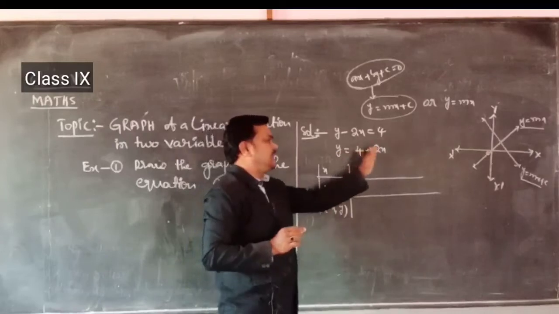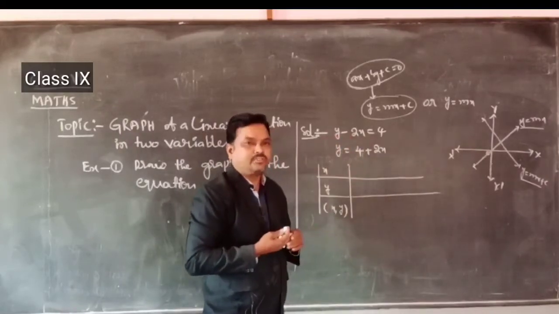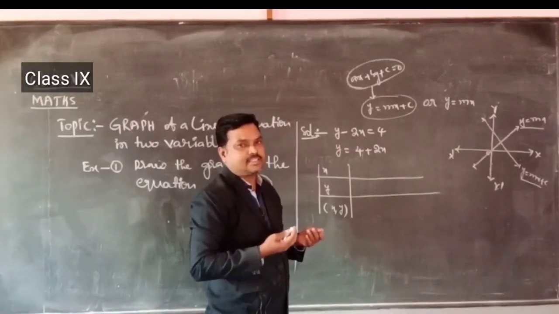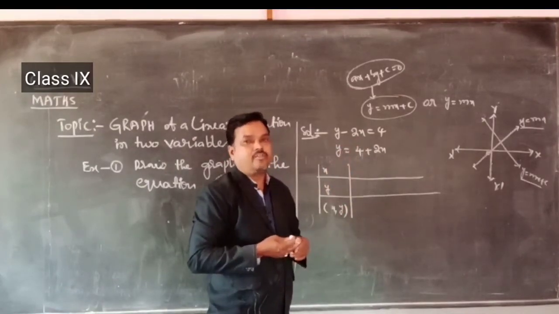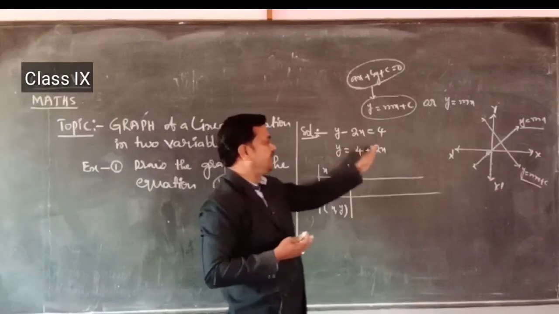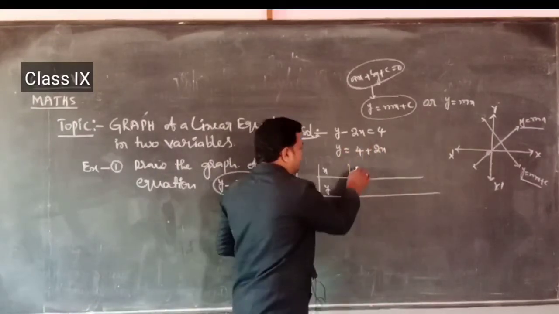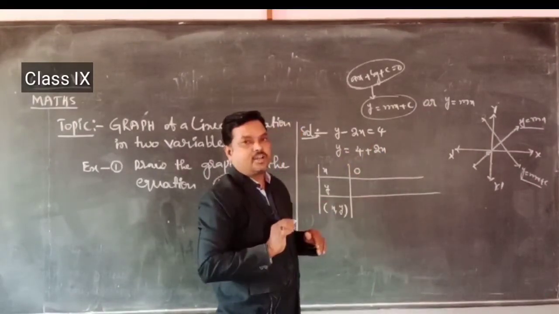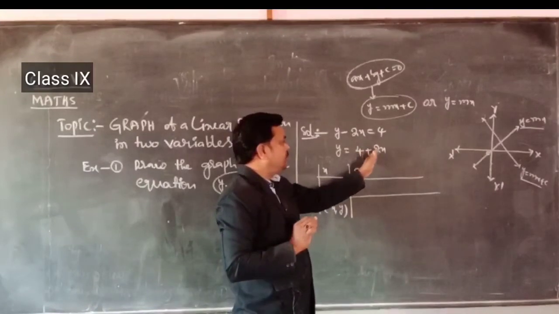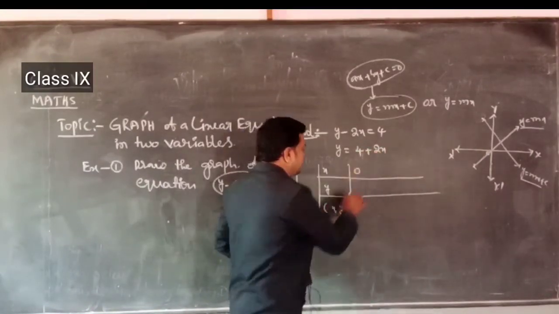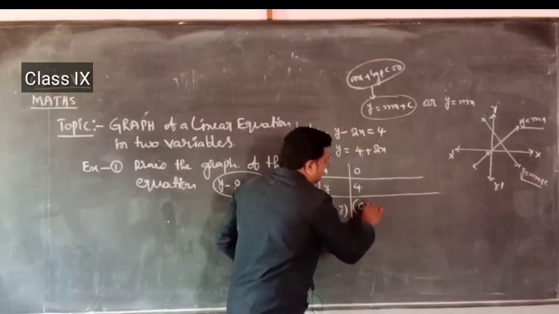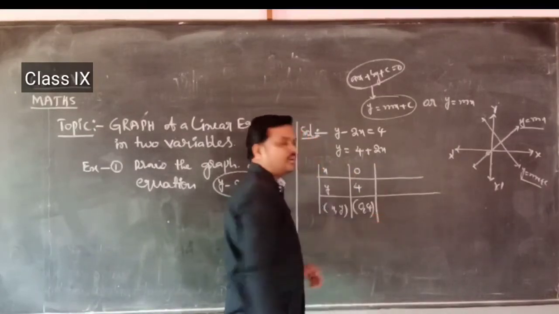If we take any positive or negative integers instead of x, then we will get the value of y. Suppose first I am taking the x value as 0. 2 into 0 is 0, 0 plus 4 is equal to 4. So the first ordered pair is (0, 4).